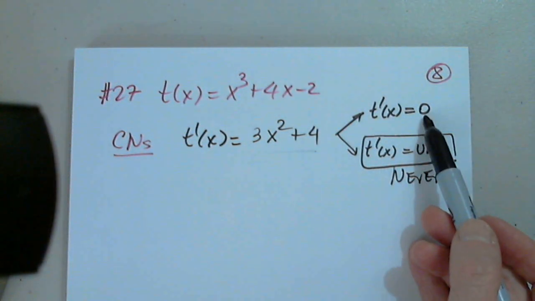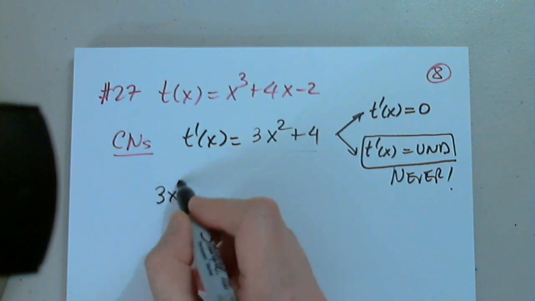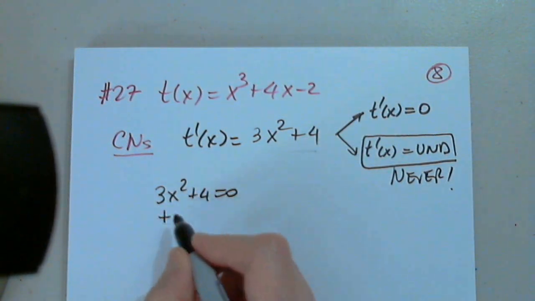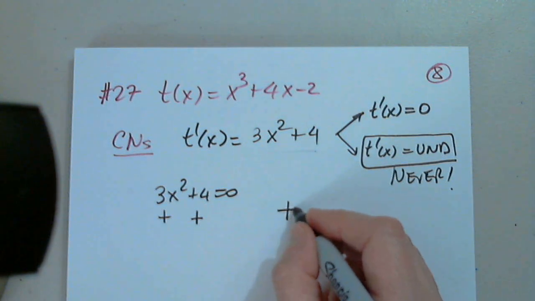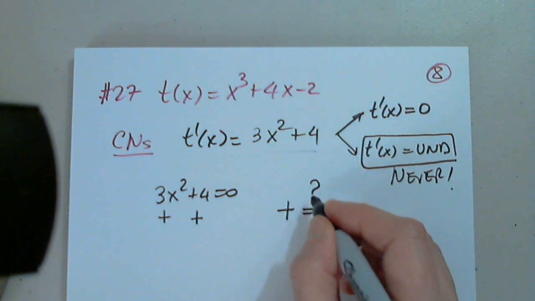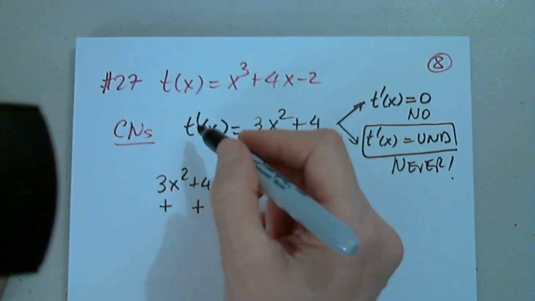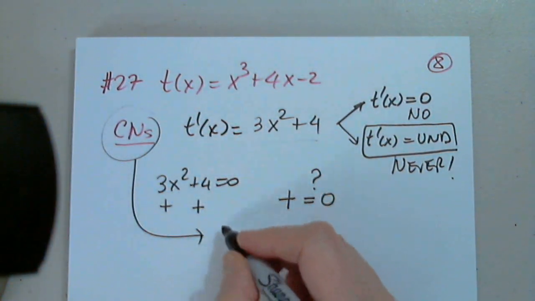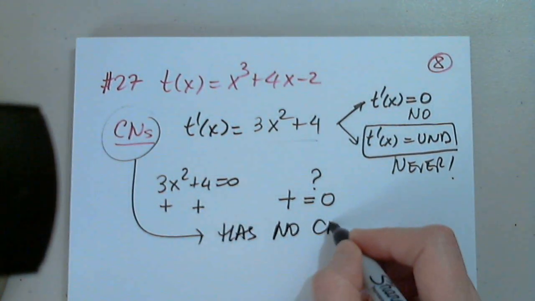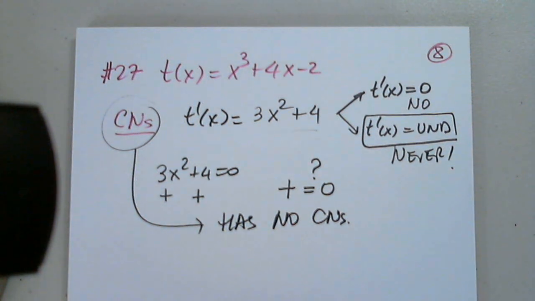Now from this one, let's check: 3x squared plus 4 equals 0. This is a positive number, this is another positive number. Can a positive number equal 0? No. So this function has no critical numbers. If it has no critical numbers, you cannot have a max or a min, for sure. Good.